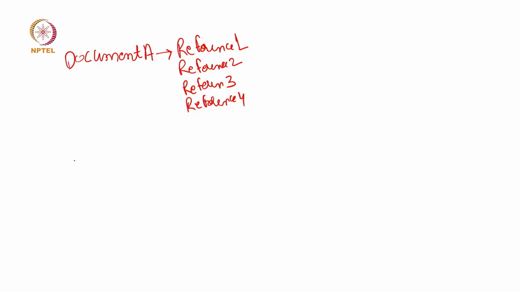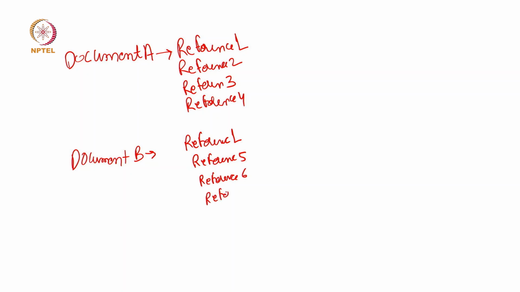Now another example, document B, which has other references. Document B has 4 references: reference 1, reference 5, reference 6, reference 7.